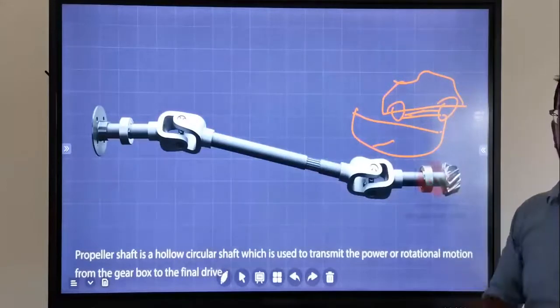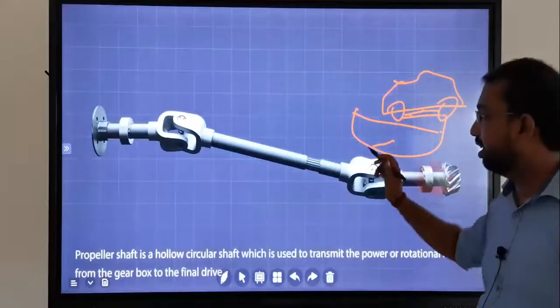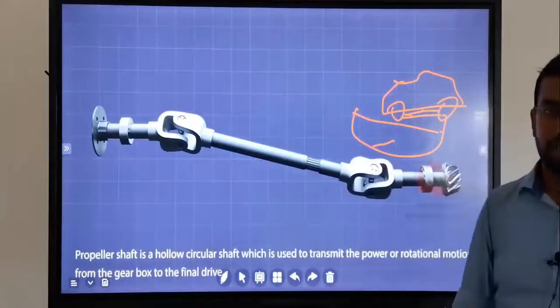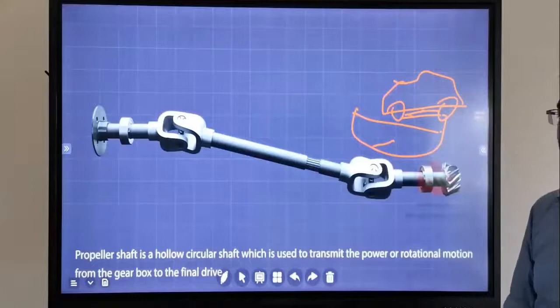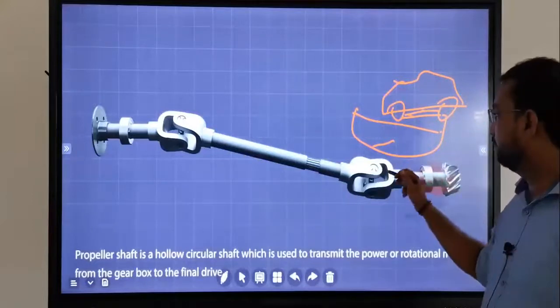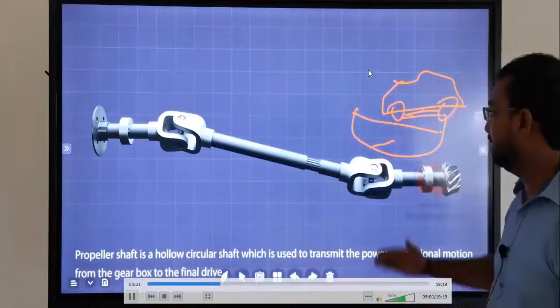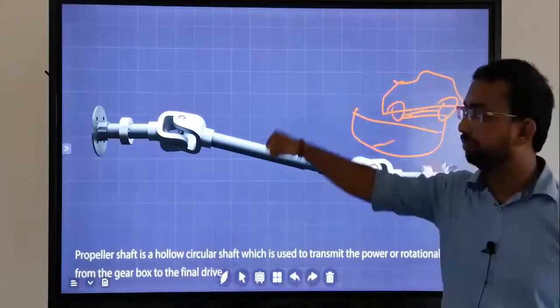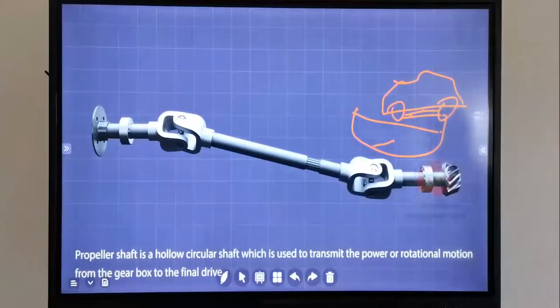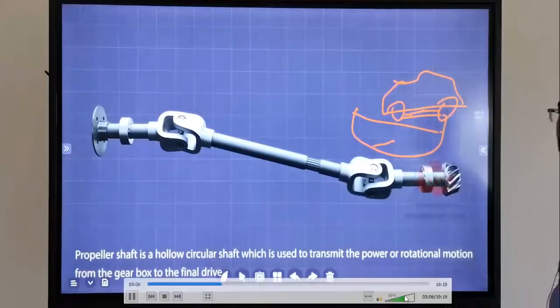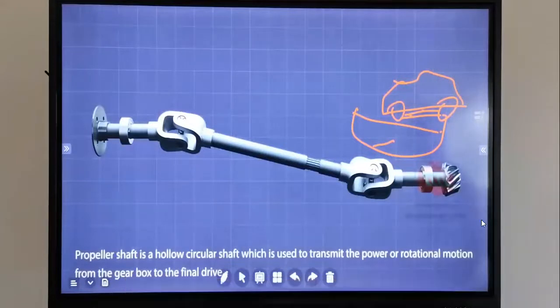Sometimes it may break. So we need to maintain some flexibility, so there are universal joints. They auto adjust the angle of the propeller shaft based on the suspension conditions. That is the major one.